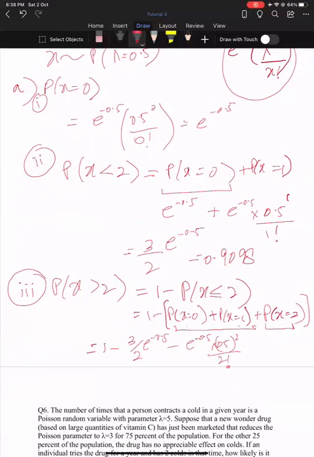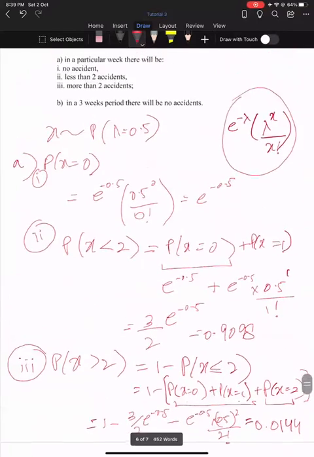You guys can plug this in the calculator, and I'll also check. Okay, I think we'll get 0.0144. We're done with part A.